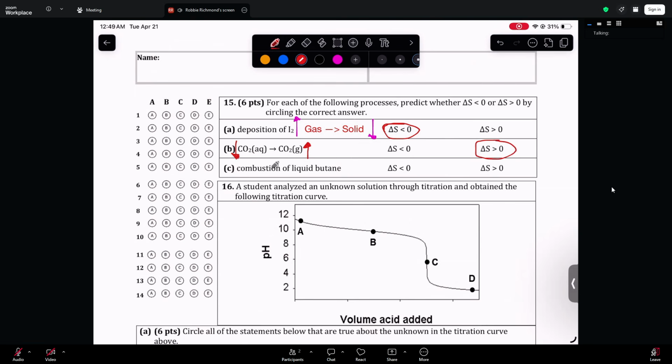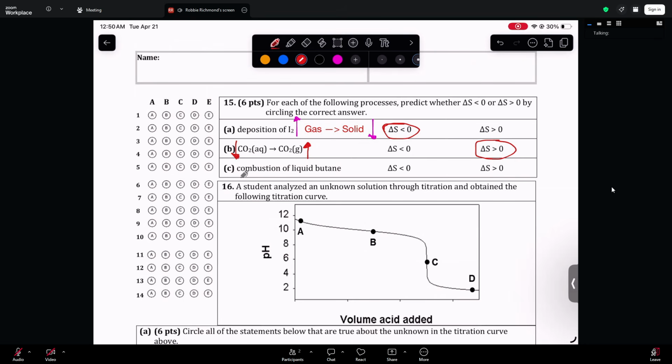And then this is just a callback to what a combustion reaction is. Butane is C4H10, if I remember correctly from organic chemistry. And basically with any combustion reaction, a hydrocarbon or an alcohol reacts with oxygen, and carbon dioxide and water are formed.